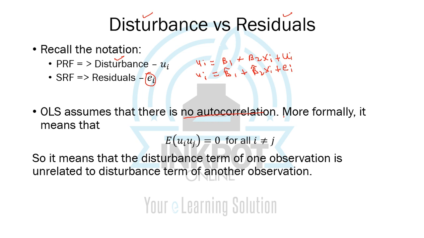More formally, it means that the expectation of ui times uj is equal to 0 for all i not equal to j. Just a small clarification here: what will happen if I say i is equal to j? Then this becomes the expectation of ui times ui, or the expectation of ui squared, which is the variance of the error term, sigma squared, a constant. That's why we have the not equal to sign here.